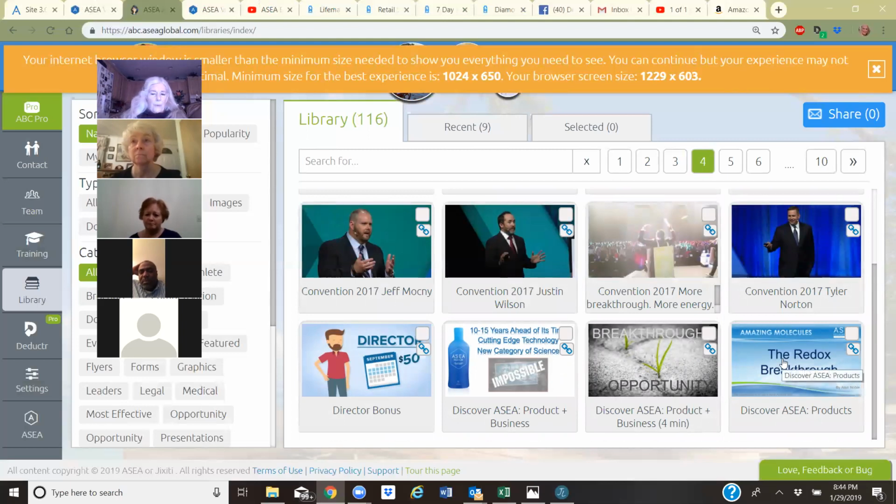Here's the Redox Breakthrough with Amazing Molecules right there. It's in number 4. So it's Discover ASEA Products. Okay, thank you.